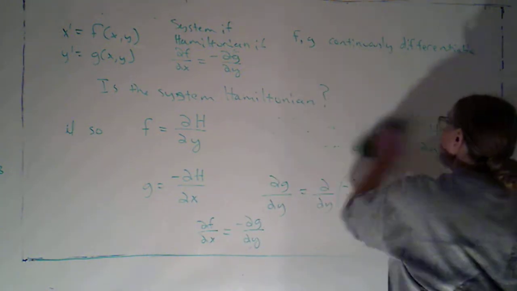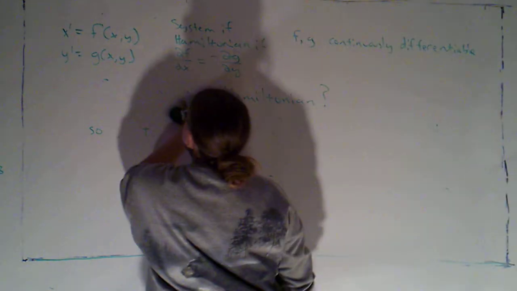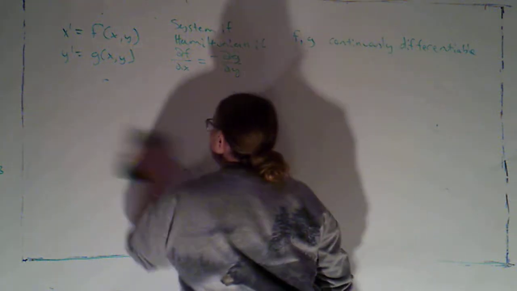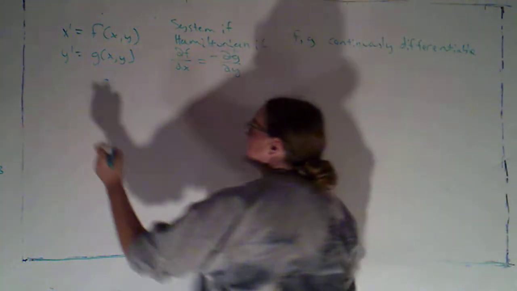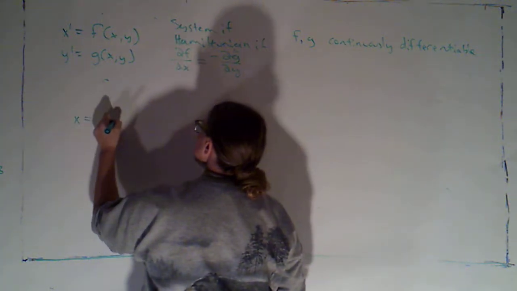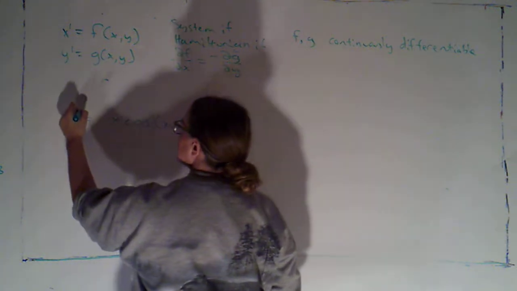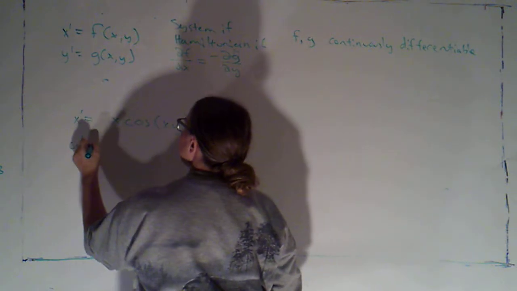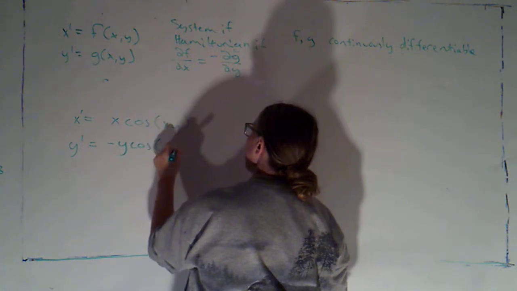So let's just take a look at an example of a system. Let's suppose I have x prime is equal to x times cosine of xy, and y prime is negative y times cosine of xy.